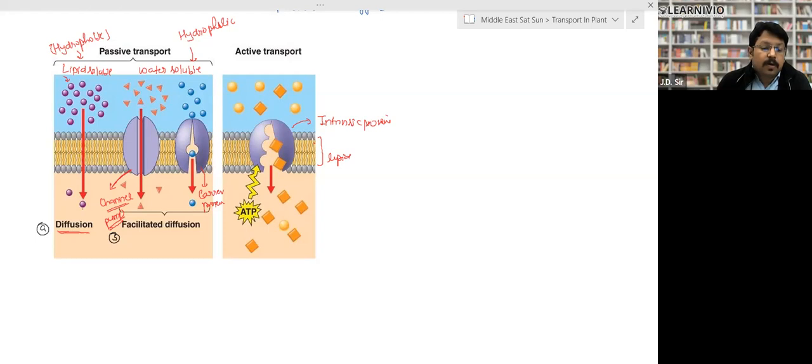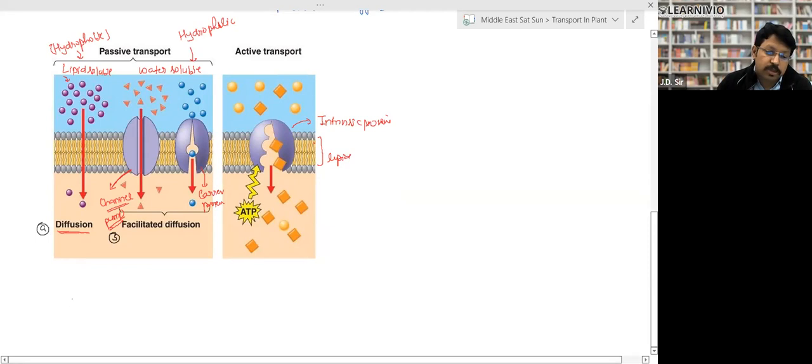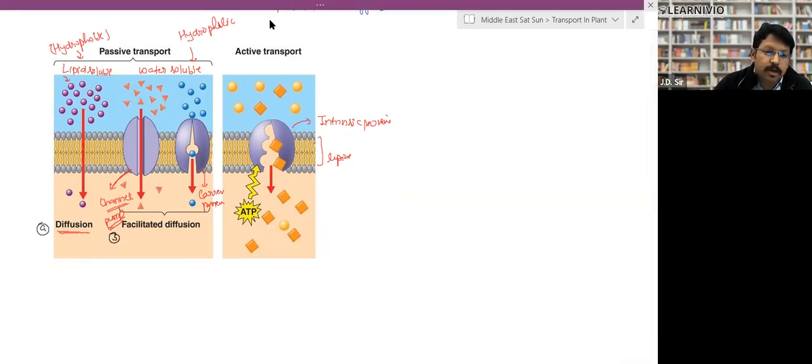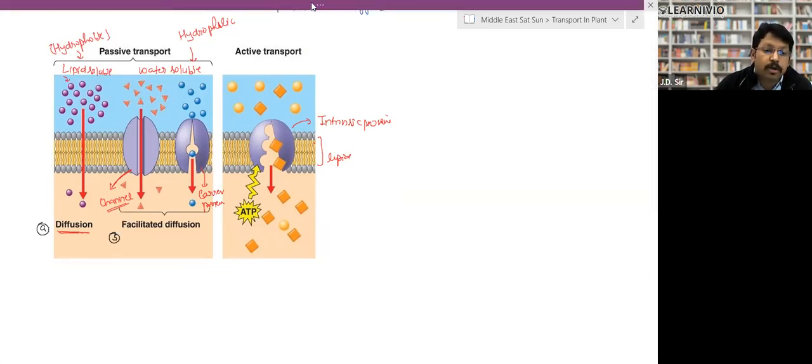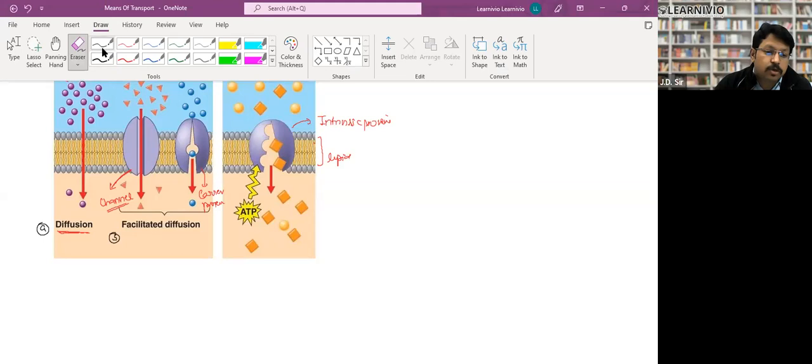Channels, right? There are 8 different kinds of channel. Rather than pump, we call it ion channel, right? These channels are also known as aquaporin, because they carry hydrophilic substances.